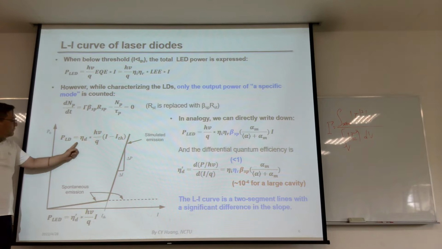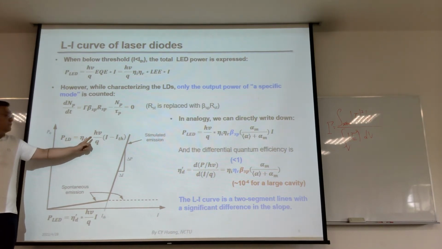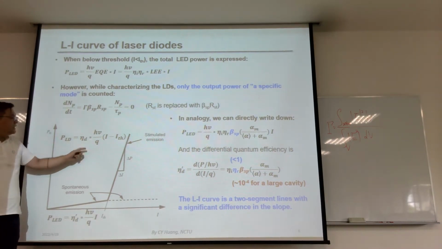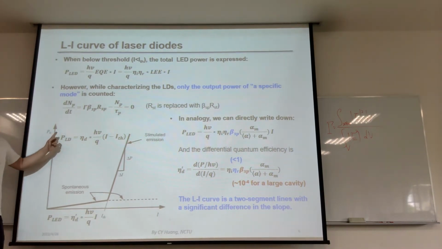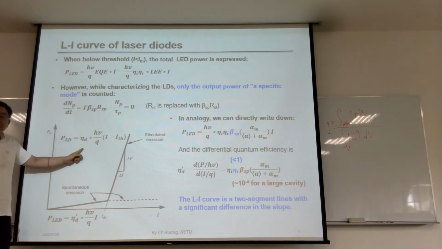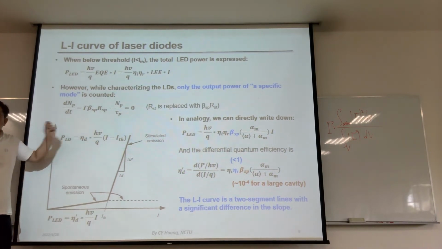So after lasing, there's something called the slope efficiency. If you count the power, you need to multiply by h nu over Q. In this case, the slope will be in watts per amp. But if you're only counting the differential efficiency, it is photons per electron.